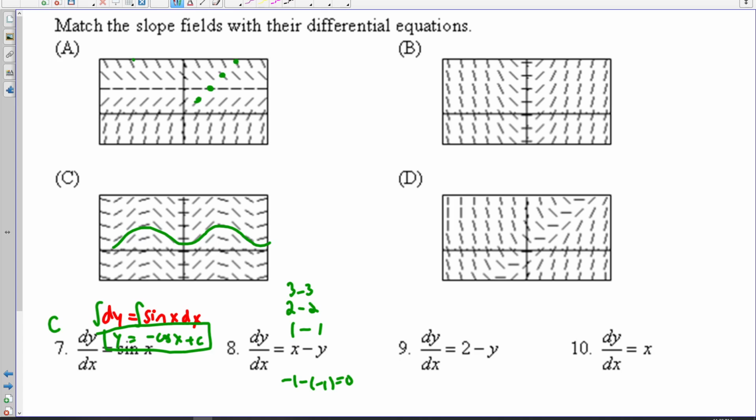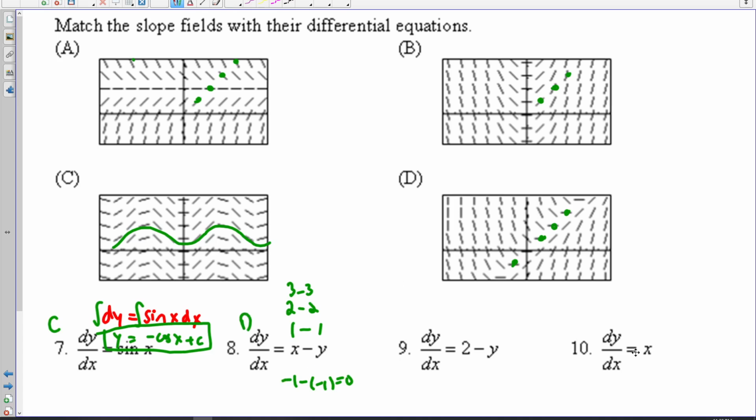What about this one? 1, 1, 2, 2, 3, 3 are the slopes 0. What about this one? 1, 1, 2, 2, 3, 3. What do you know? Negative 1, negative 1. Are the slopes equal to 0 there? Yeah, they are, right? All these slopes were horizontal. So this answer right here is D.